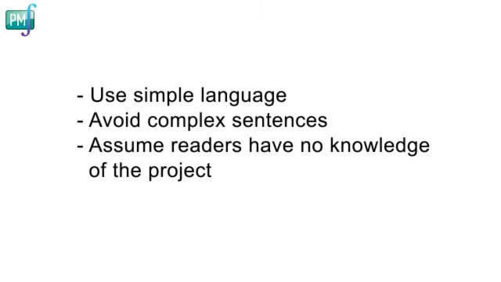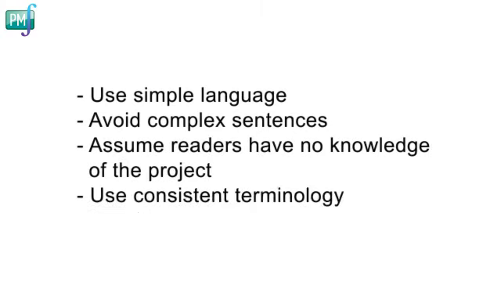So that's why it's very important to have a clear, detailed, and organized description of how the features should work. Use simple language, avoid complex sentences, and assume the readers have no basic knowledge of the project. Use consistent terminology, utilizing the same terms throughout the document so that no one will get confused.